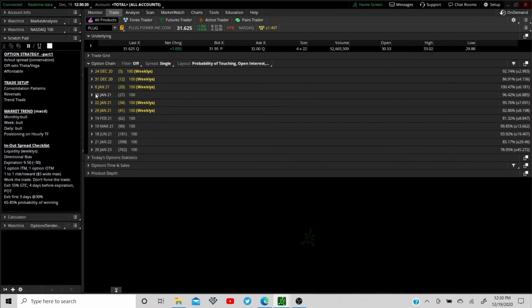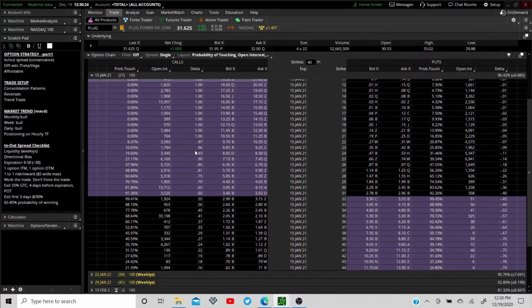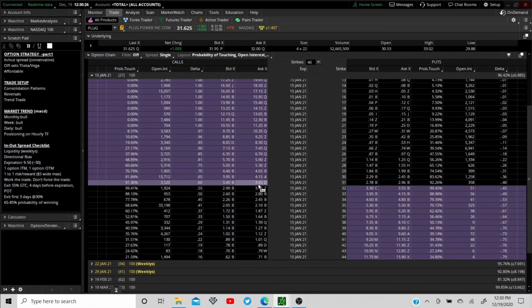Now, building the trade. All right. For a call spread, a call biased in-out spread, where we think price is going to go to the upside, we want to choose one price that's in the money, that's in this purple area. So we'd call that the strike price 31.